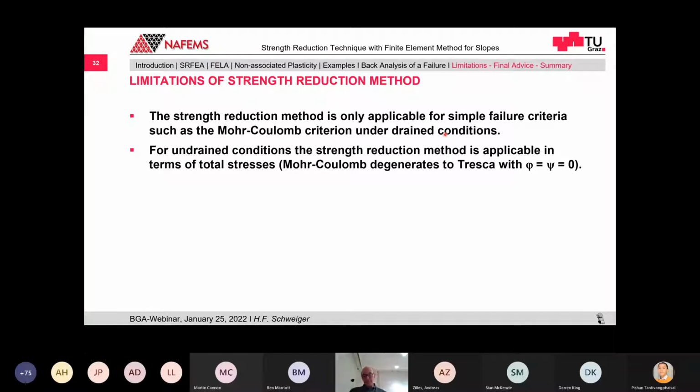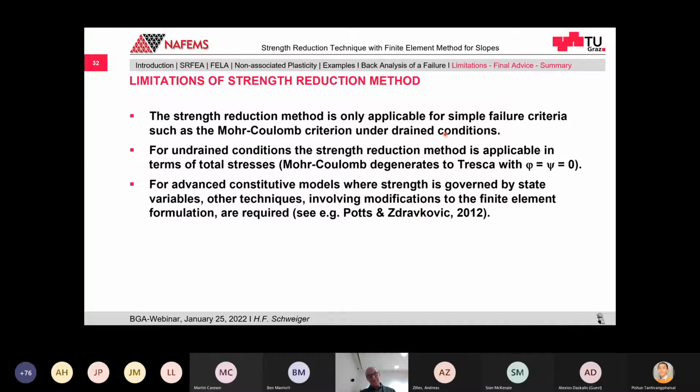Now you have two choices. Do I want to generate more excess pore water pressures during phi-c reduction, which is physically probably not reasonable, or do I freeze the pore water pressure? And you get different results. So what I'm saying is, if you want to do that, you can, of course, but you have to be aware that it is not that straightforward.